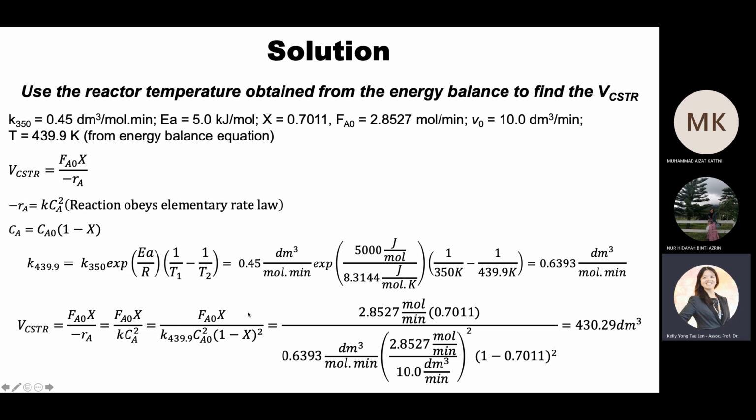And then once you done that, kamu dah boleh solve, kamu ganti je ke dalam equation. So actually yang penting dalam soalan ni, kenapa kita tak boleh kira volume was because we don't know reaction temperature. Don't know reaction temperature, I cannot calculate K. I don't know K, I cannot kira the volume. So once I know temperature, I can calculate K. I can already solve to find the volume of the CSTR.